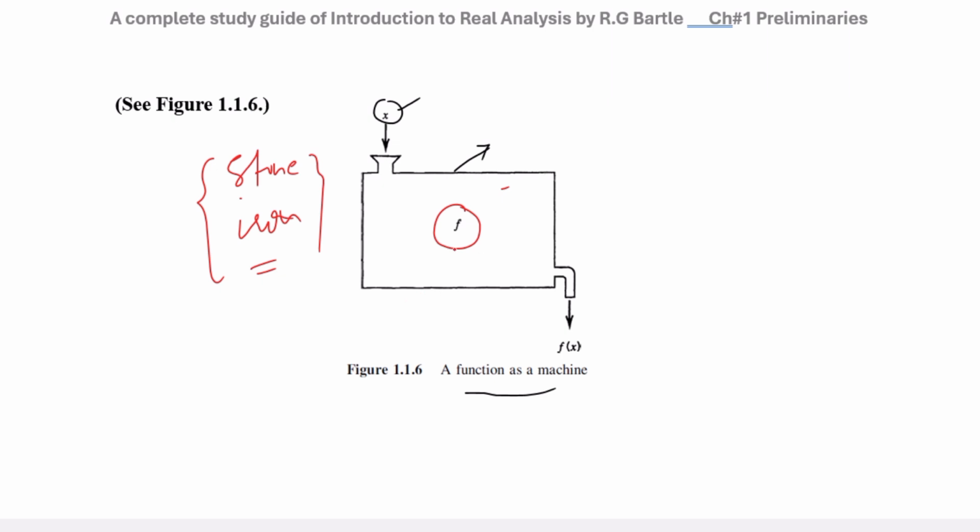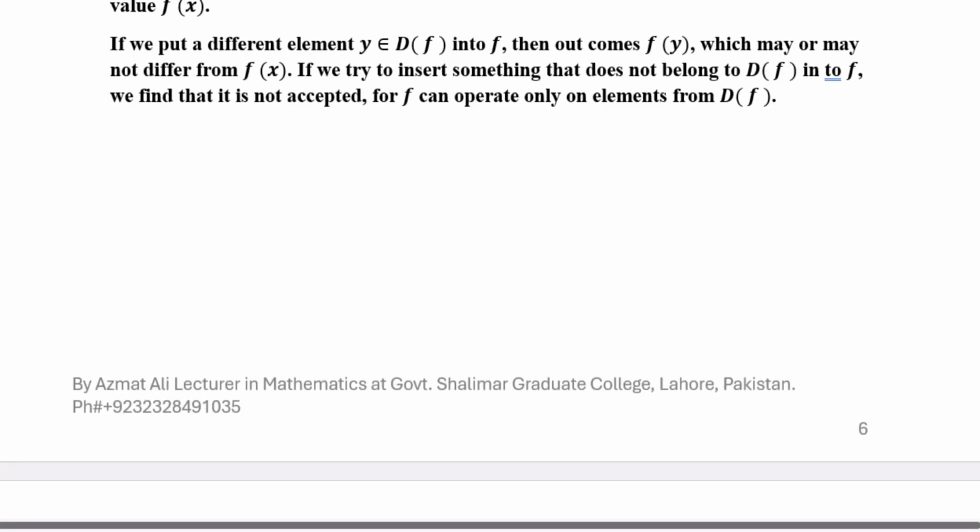So similarly in mathematics, if your function f is like a machine, you can put only those values of x in this machine which belong to the domain of f. If we try to insert something that does not belong to the domain of f into f, we find that it is not accepted for f. f can operate only on those elements of the domain of f.